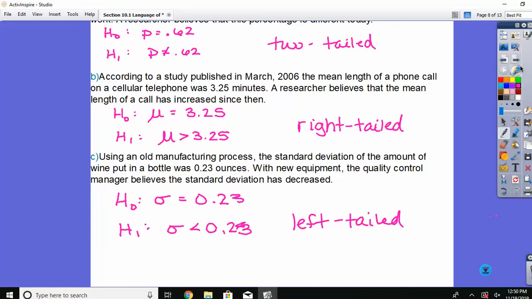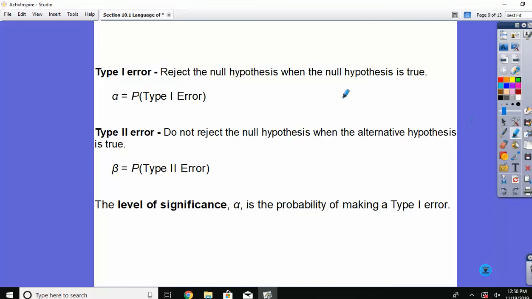The next slide. This is important. You need to remember what these mean. So there are two types of error that we encounter, type 1 and type 2 error. Type 1 error is we reject the null hypothesis when it is true.